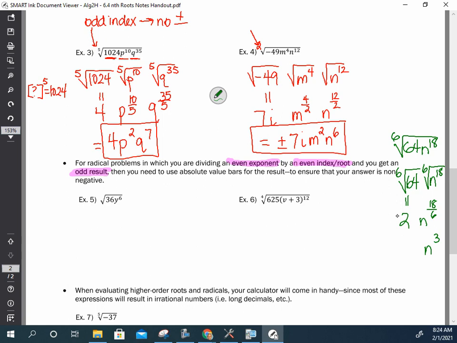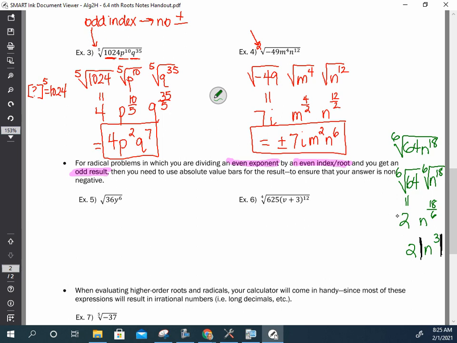So if the answer part ends up odd, then you're going to take that expression and put it inside of an absolute value.